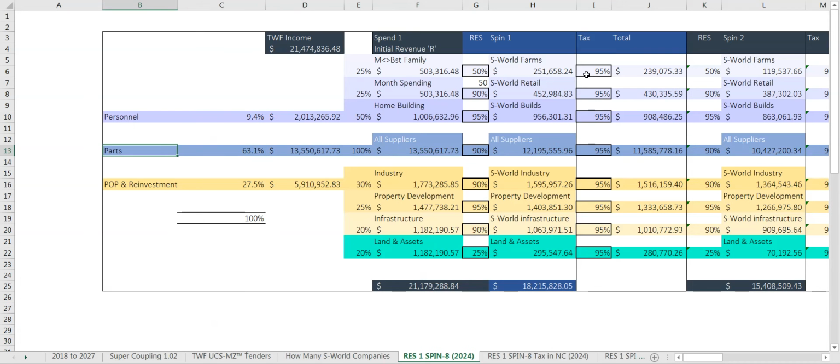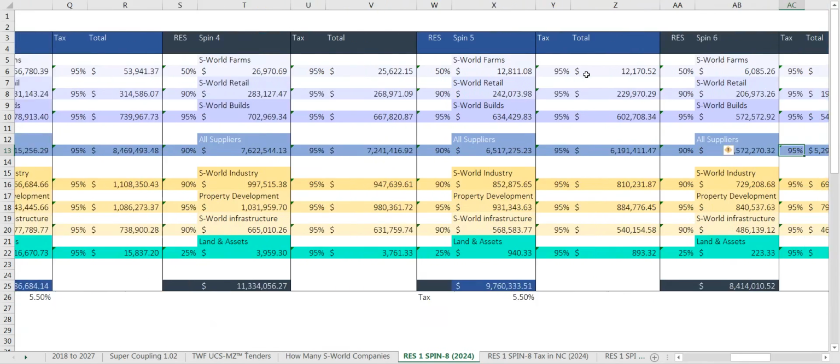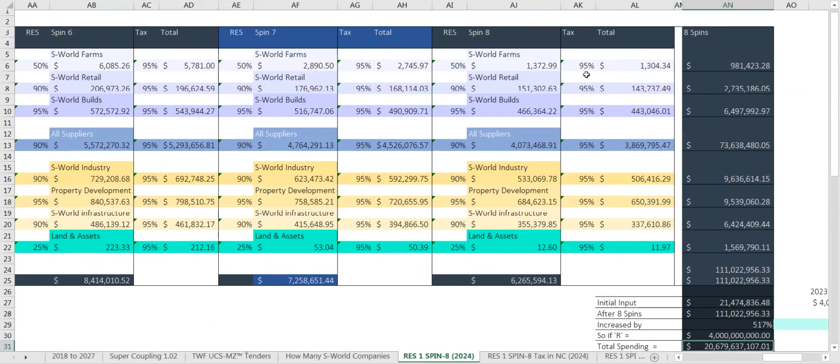So for instance, parts, most expensive, 13 million, 90% of that is going to go to other S-World suppliers who get taxed at that. Then 90% of that supplier is going to go to other suppliers, and this carries on through spin 1, spin 2, spin 3, 4, 5, 6, 7, and 8.